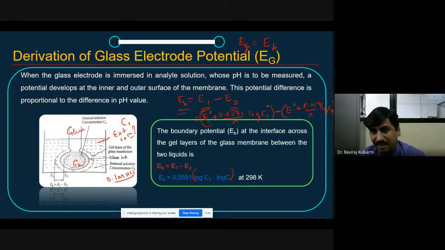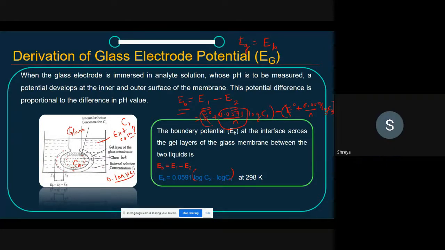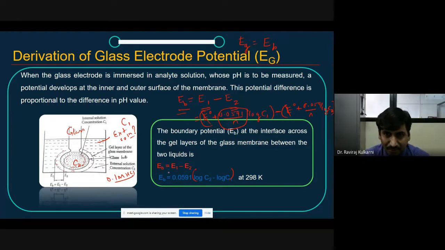This E0 is the same, so you can cancel it. And 0.0591 divided by n is common. What is n for H plus ions? It is 1. So I have written 0.0591 into log of C2 minus log of C1. It should be C1 minus C2.